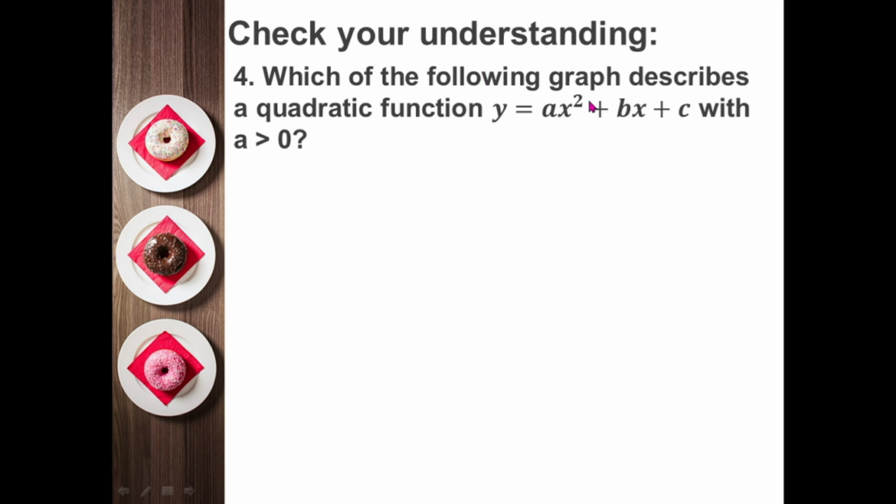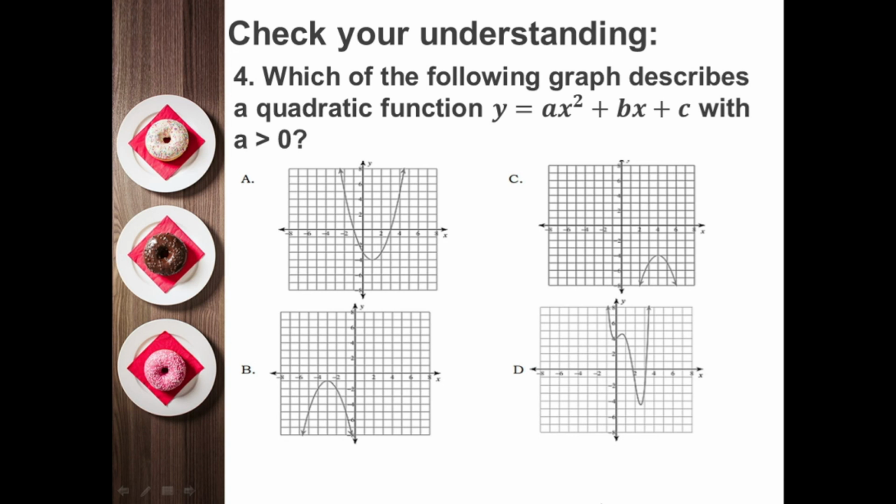Which of the following graphs describes a quadratic function y is equal to ax squared plus bx plus c with a is greater than 0? The answer is letter A. So take note, if a is greater than 0, the parabola opens upward. Okay?